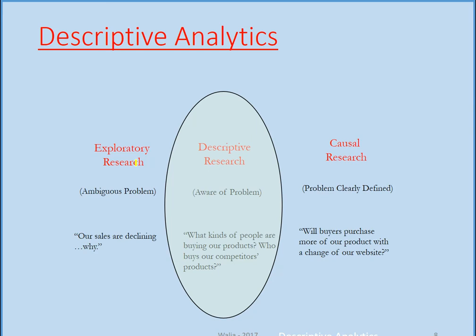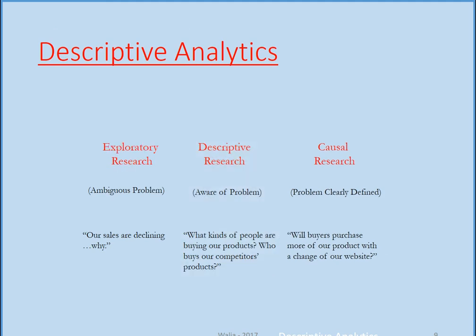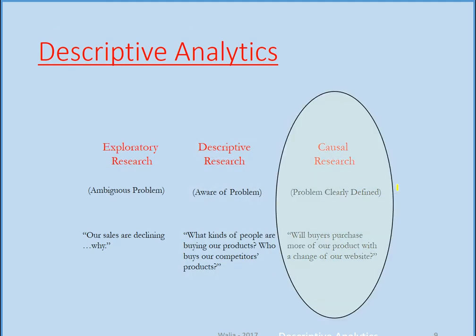So you are now able to define your problem much more clearly and try to see what is impacting your sales, in this example. And then finally, the end of that is causal research, where now you have a set hypothesis: it looks like these variables are causing the decline in our sales.